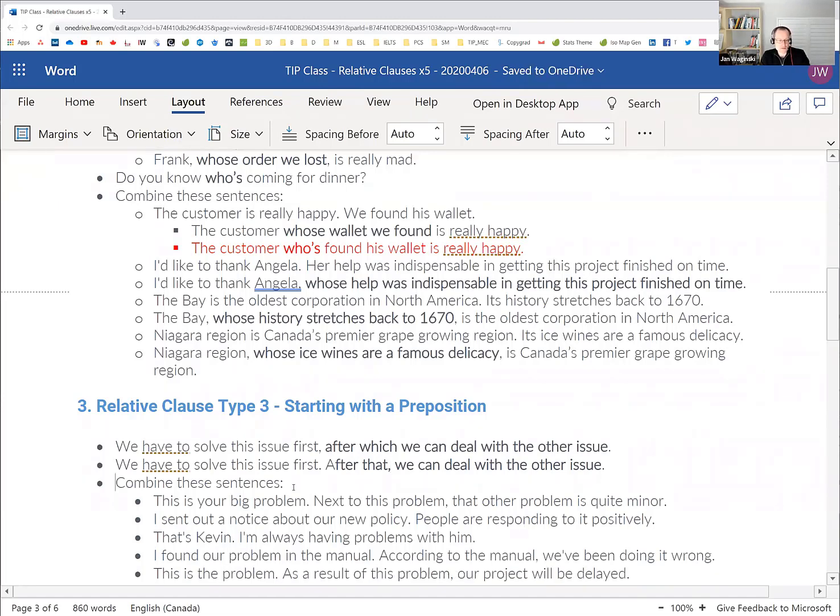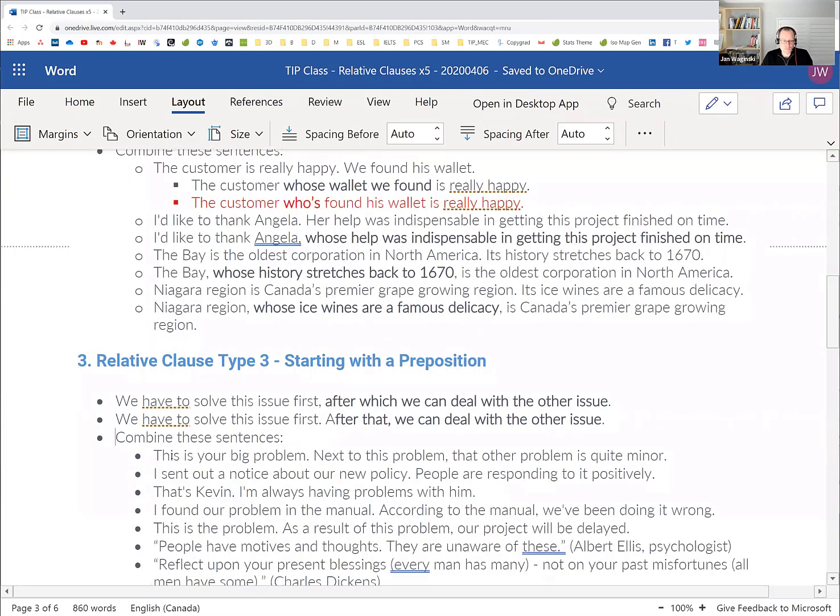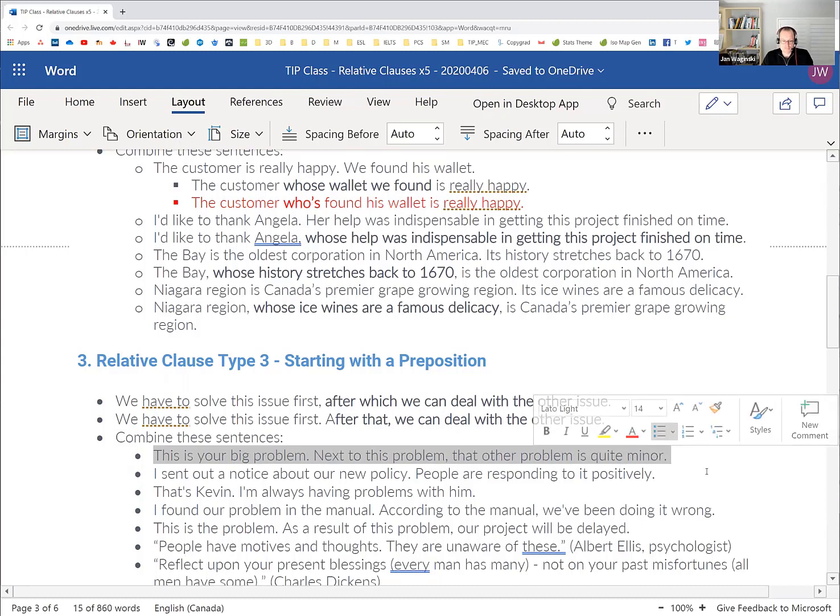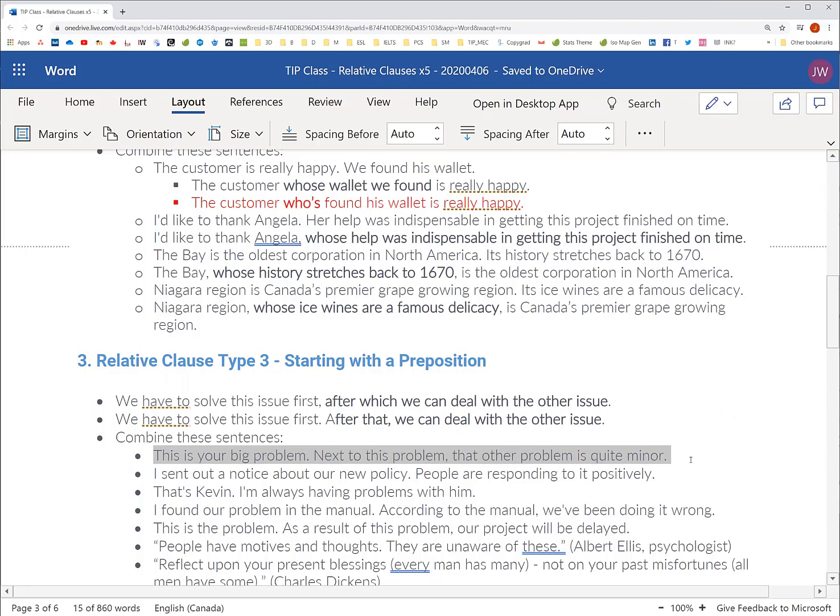Let's see how we do on these combinations. This is your big problem. Next to this problem, that other problem is quite minor. I'm going to give you 10 seconds to think about it, and then I'm going to ask one person.